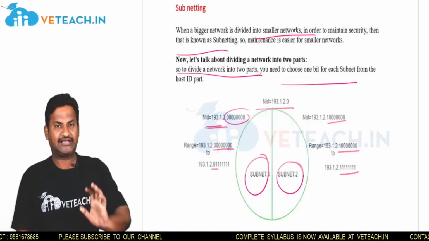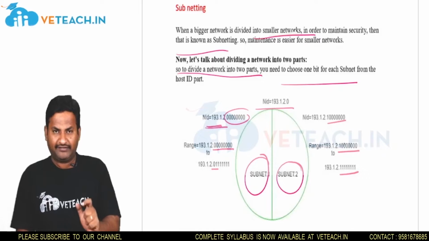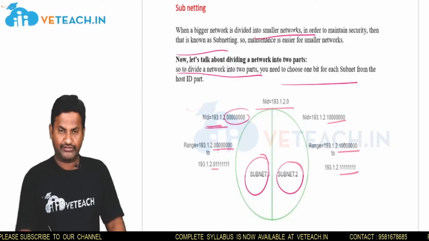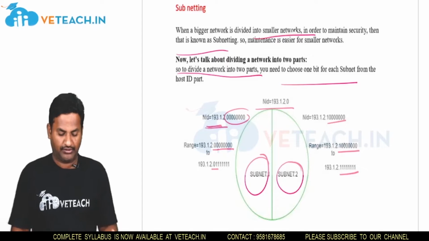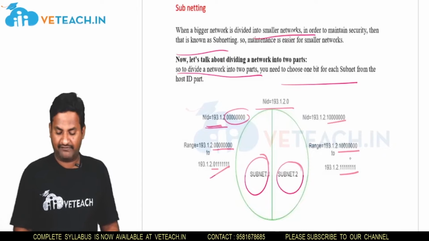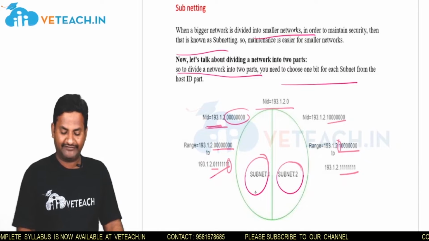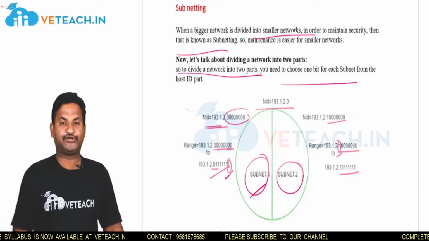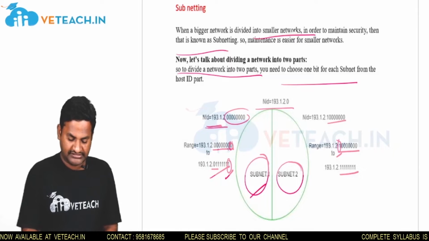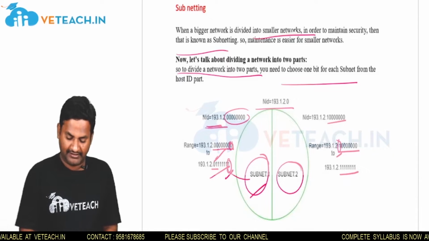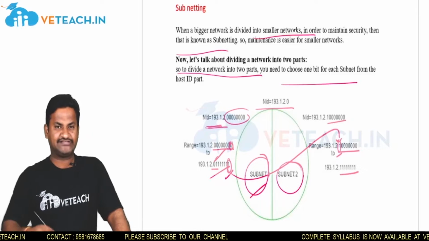The main network ID is the same, 193.1.2, but we are dividing the entire bigger network into two parts, starting from 0 to 1. Subnet 1's end address is the starting point of the second one. Here it will be 0, here it will be considered as 1. So finally the network is divided into two parts.